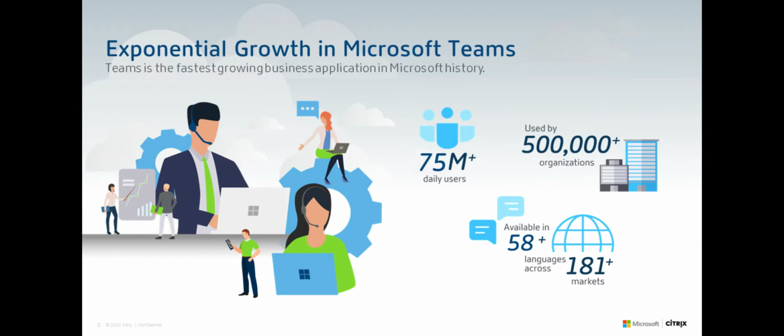Teams is actually the fastest growing business app in Microsoft history. It's designed to give users a platform to chat, but also meet, share files, and work in Office 365. But we see that only 10% of Microsoft's Office 365 install base is using Teams today. So you're going to see this number continuously expand beyond the 75 million daily active users.